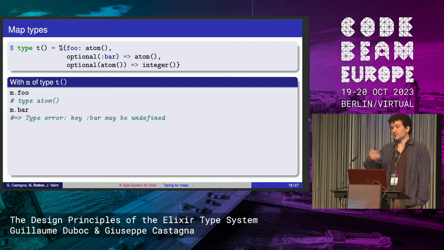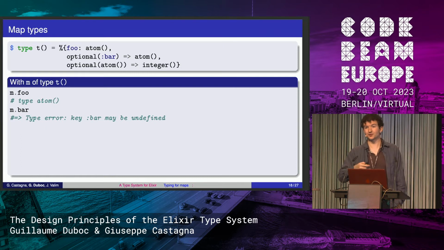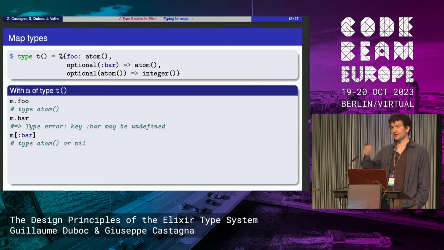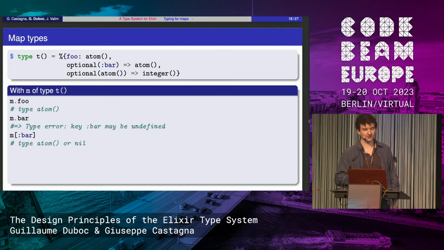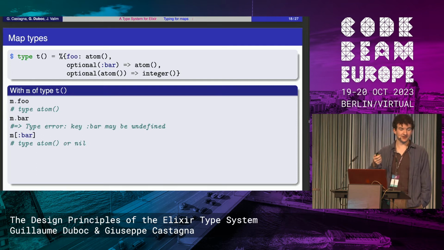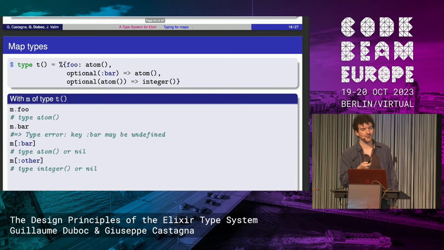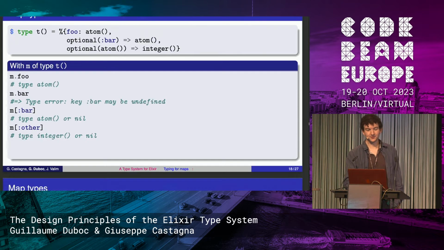There's another notation for map access, though, which is the bracket notation. So if you now try to do m bracket bar, because the field may be undefined, you get the type atom or nil. And then if you access any other atom field, you're going to get integer corresponding to other atoms, or nil.